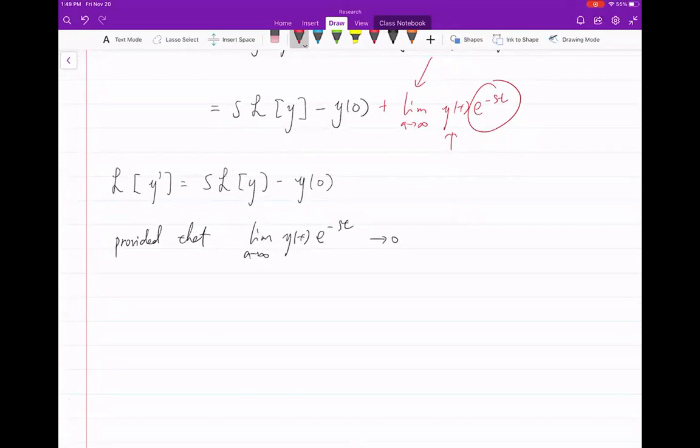Okay. In general, this is not hard to do, depending on what your y is.